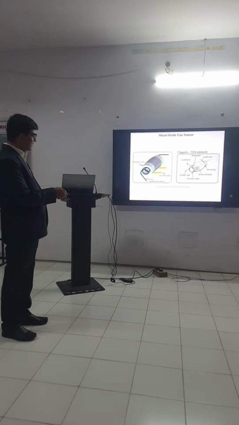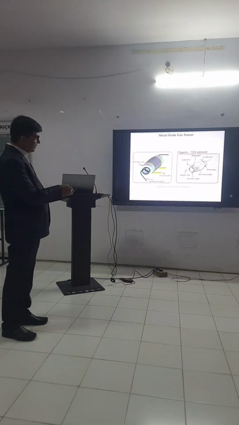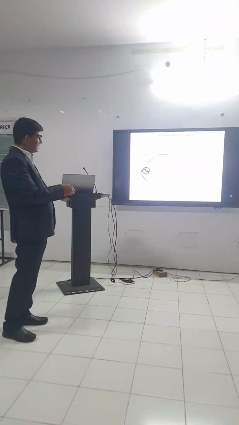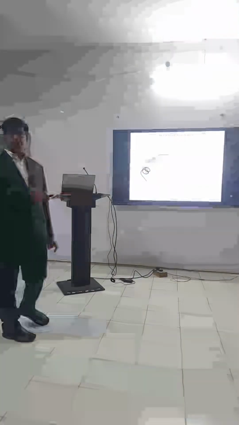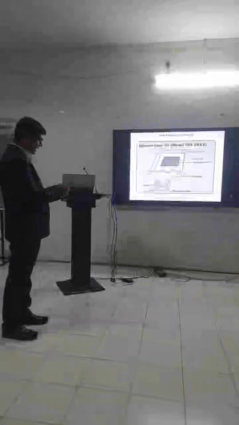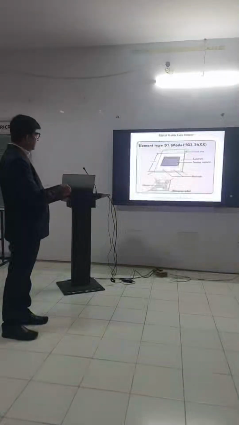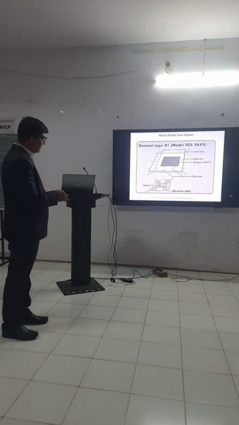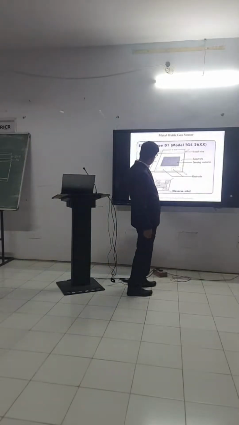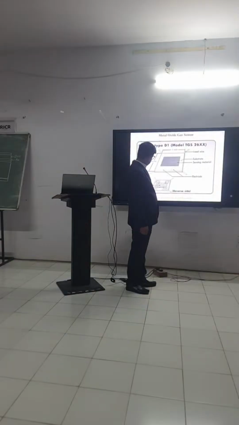So here you can see this is the heater coil, and this lead wire and this lead wire are your electrodes, and this center SnO2 is your sensing layer, because this is the metal oxide layer, and the metal oxide layer is always used as the sensing layer. So this is the exact device, metal oxide gas sensor. So what we have in this case, we have a bottom side, we have a heating plate. Clear?